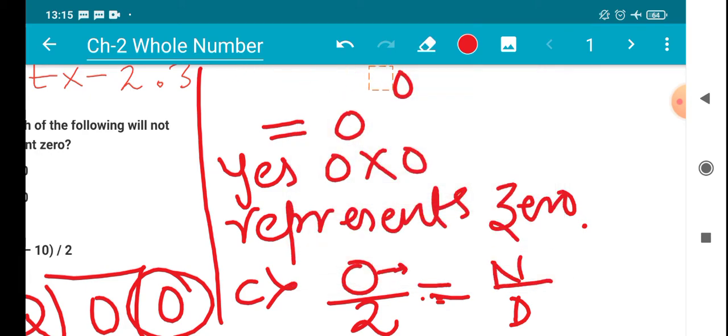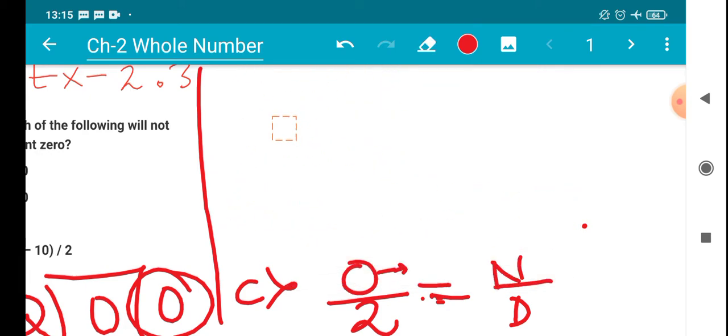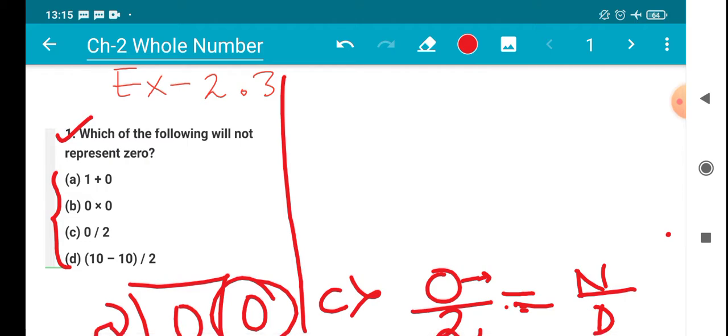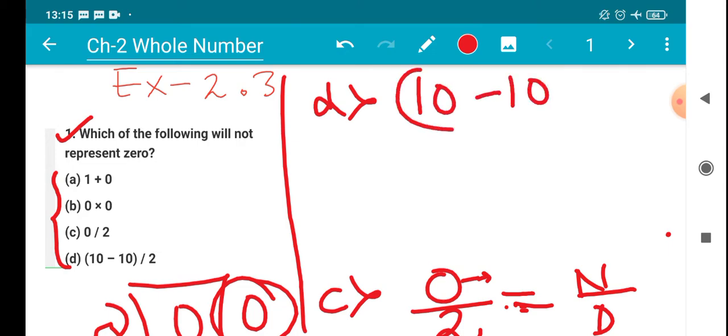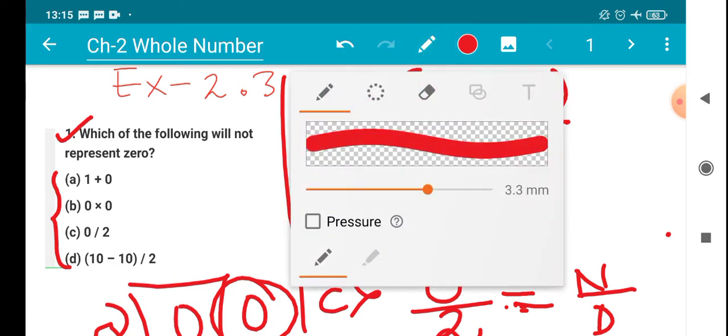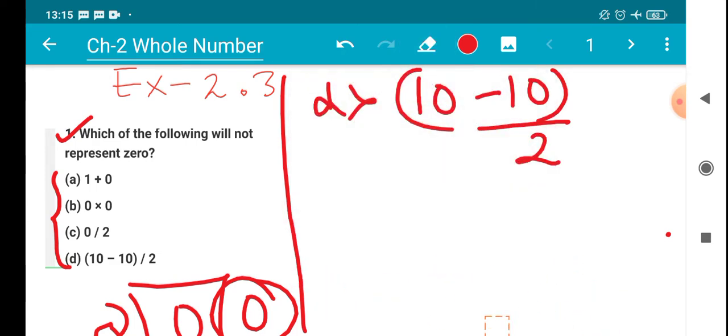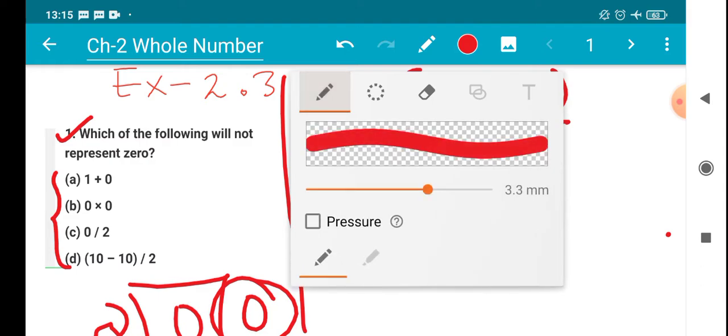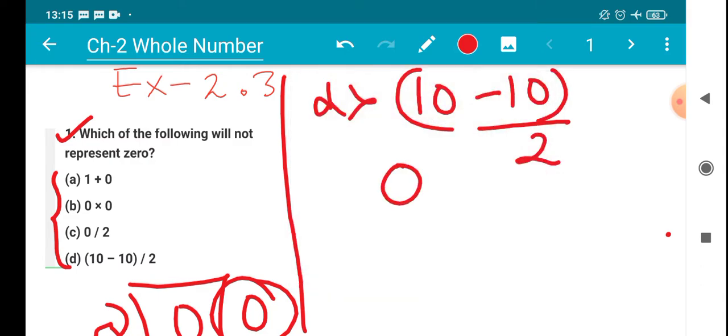I hope you have copied and understood. What is the question? The question is 10 minus 10 divided by 2. What should be the answer? 10 minus 10, you all know it is 0. Now we just did that in part C, 0 divided by 2 is equal to 0 only.